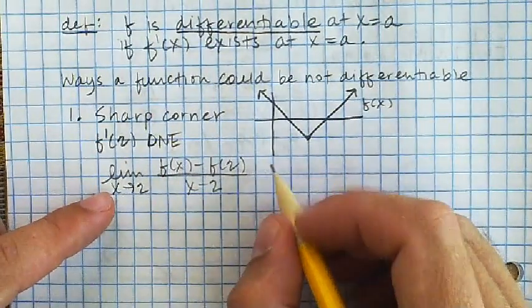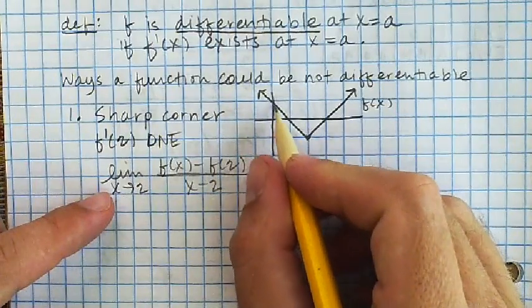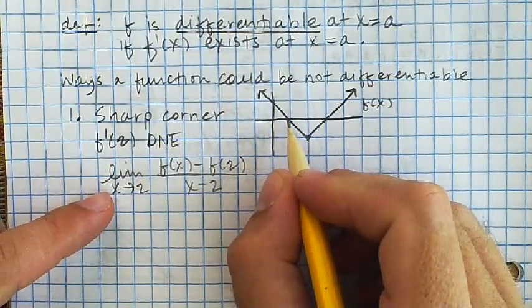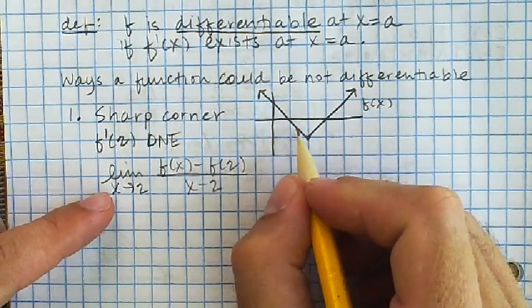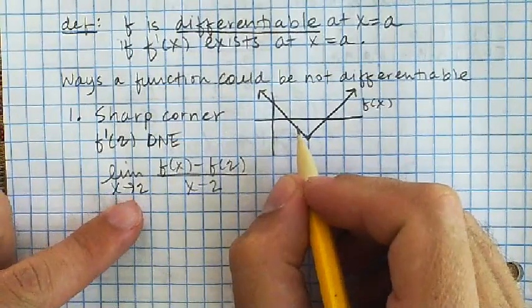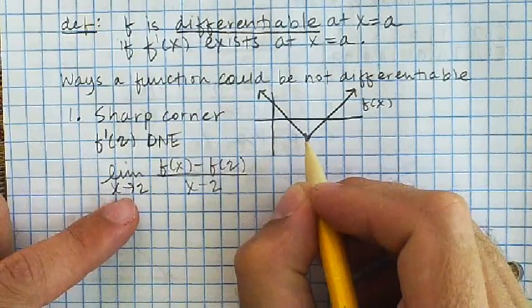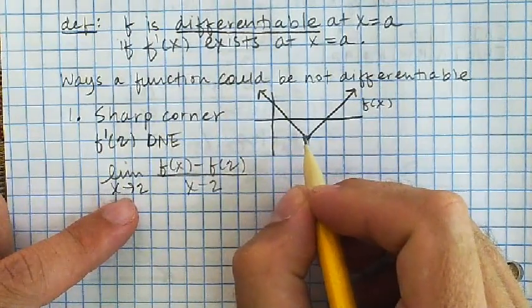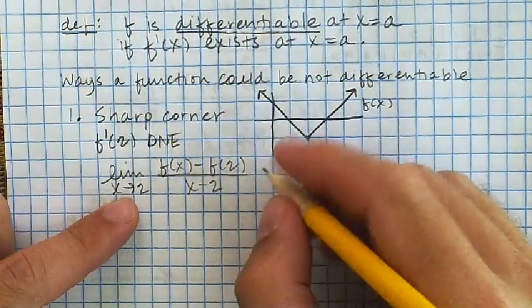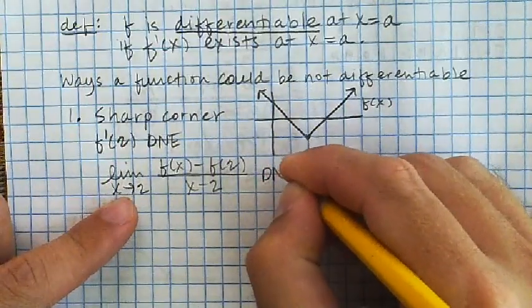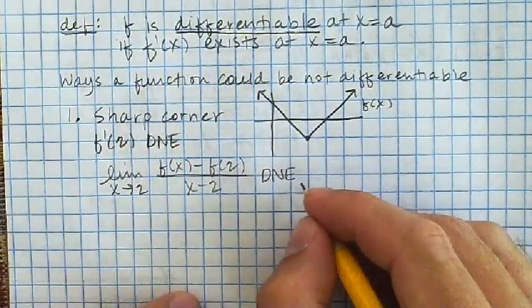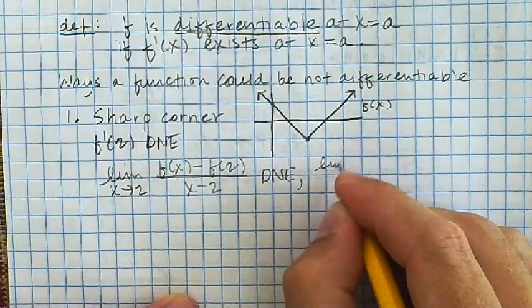Now, from the left, these limits are coming back negative 1. The limit is negative 1 as x approaches 2 from the negative side, because the slope of this line is negative 1. So the two one-sided limits disagree. I'm going to be really specific.